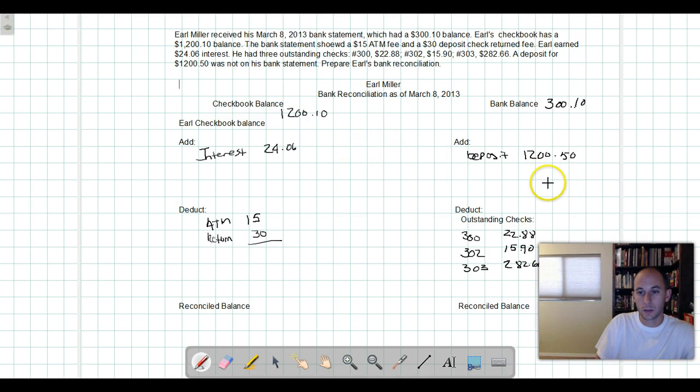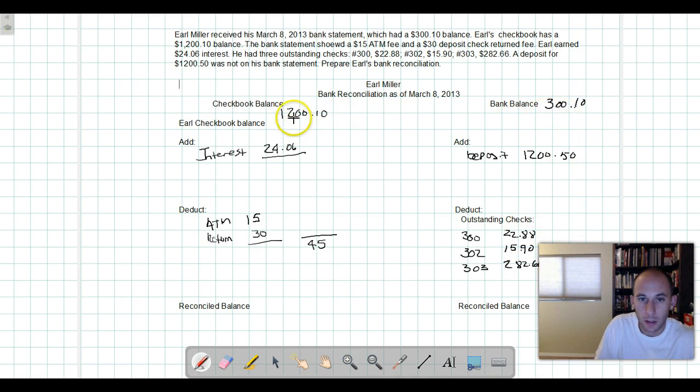All right, so now we just go down and add as we go. These two numbers added together, and then over here we have 321.44, which is these three checks added together.